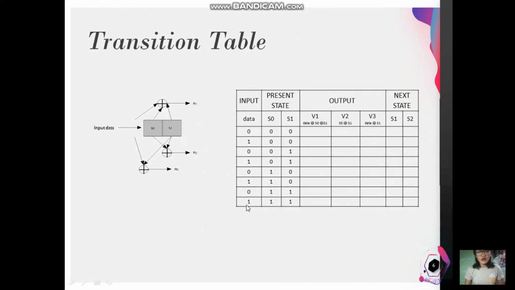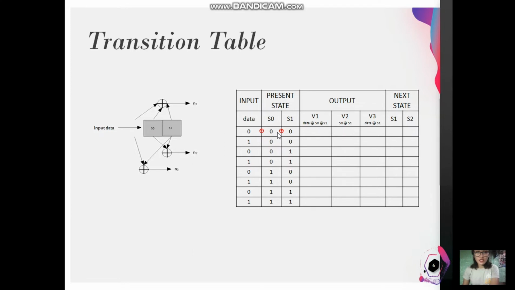Now when the first clock arrives, S0 and S1 are 0, 0 because the shift register inputs will be reset. So for the first iteration or first clock, the input data is 0. If our input data is 0 at state 0, 0, what will be our V1? V1 is data XOR 0 XOR S1.